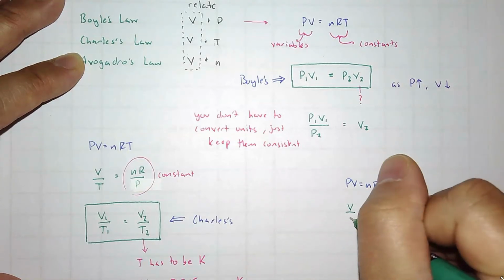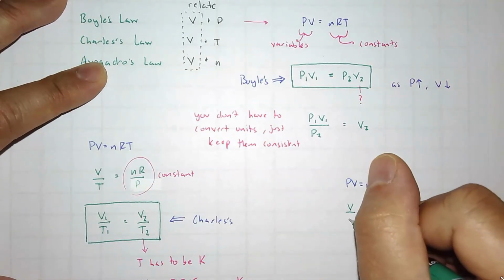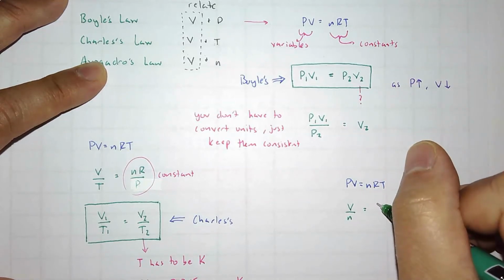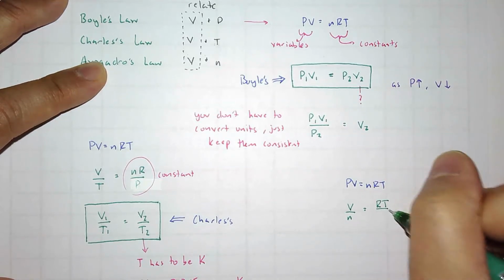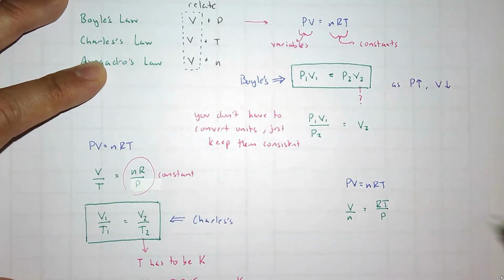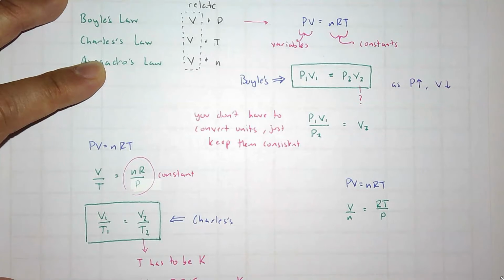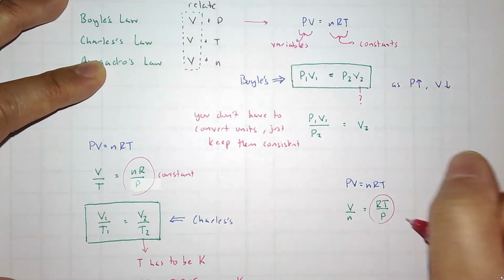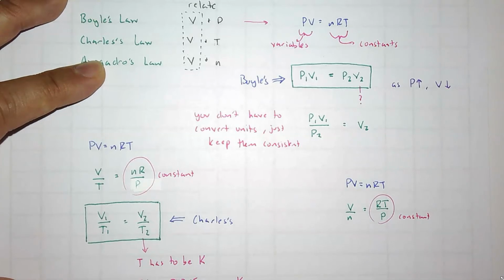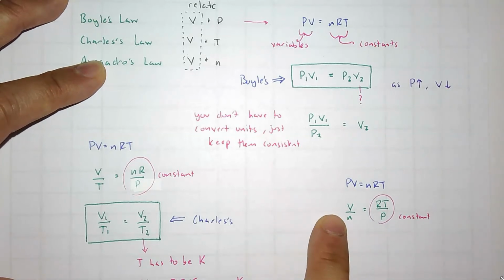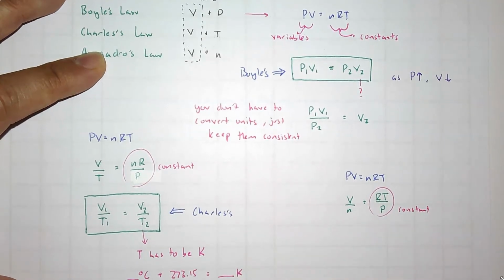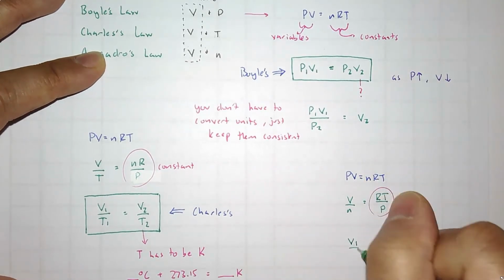Avogadro wants to relate volume and moles, so V over n equals RT over P. Is that right? Now this is constant. So in situations 1, 2, 3, etc., the volume over the moles will equal the same constant, same number. Hence, Avogadro's law would be this.